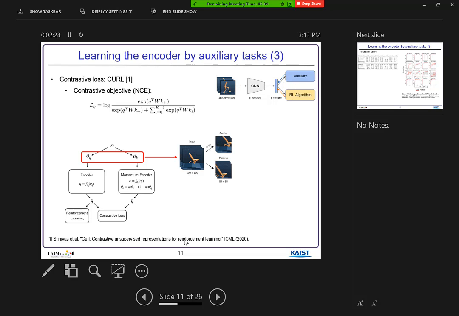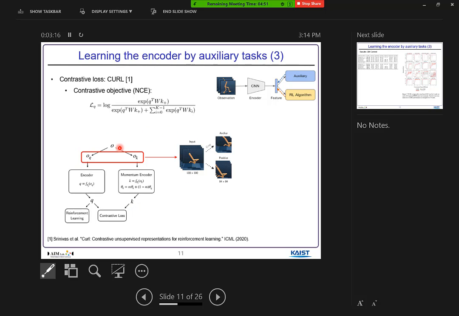This paper is quite similar to the SimCLR paper and the MoCo paper. In this paper, they try to apply contrastive learning to learn a better representation, by contrasting different views of the same image.